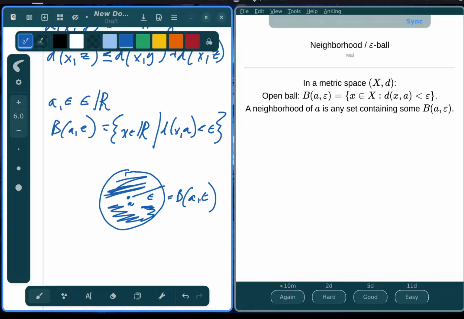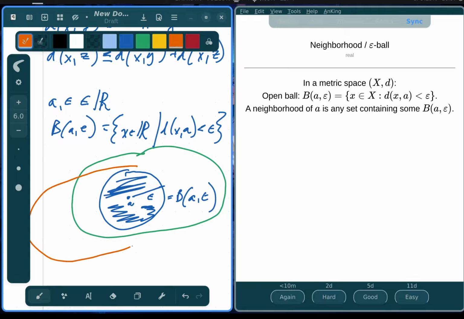Okay, and then a neighborhood is any set containing this. So here's a neighborhood, and you can have another neighborhood, and you can have a red neighborhood. Okay, all these are neighborhoods.